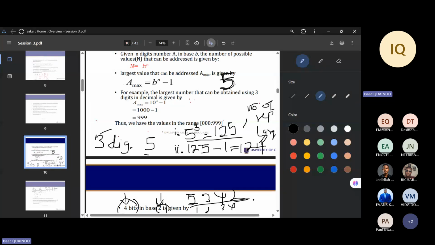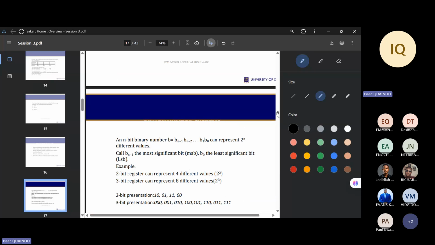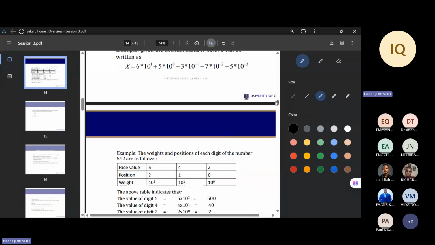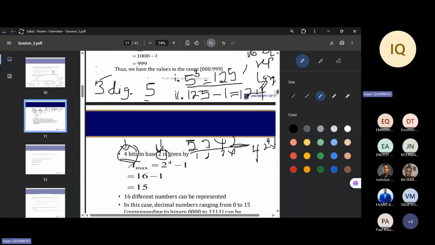It means this number has a total of 4 digits. And the base is base 2. So you take the base, which is 2, to the power of the number of digits, which is 4. That gives you 16 as the number of possible representations. And if they ask you to find the largest number, you just subtract 1 from 16.